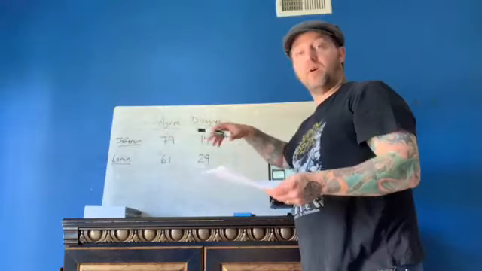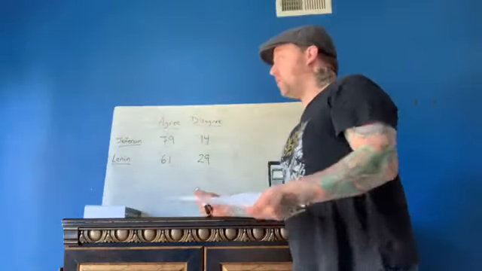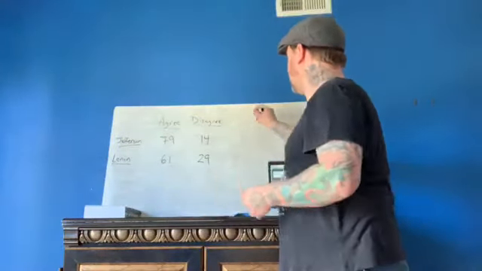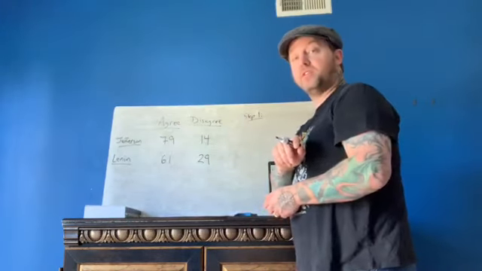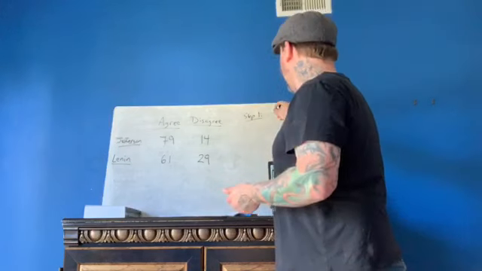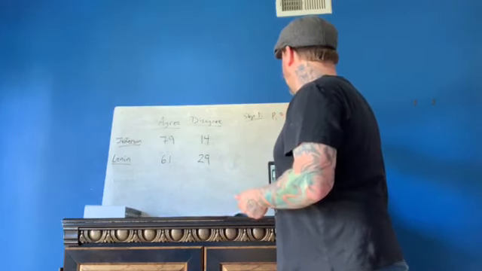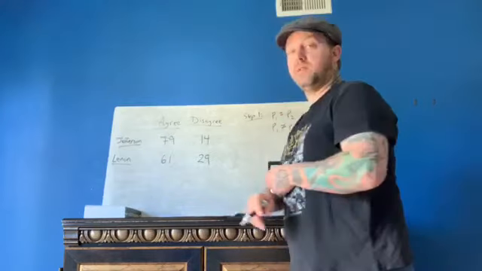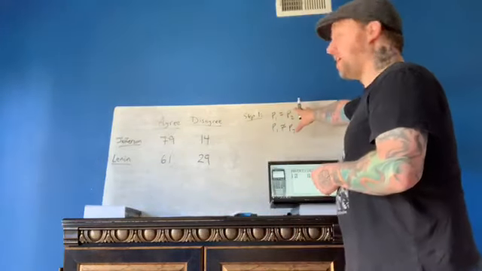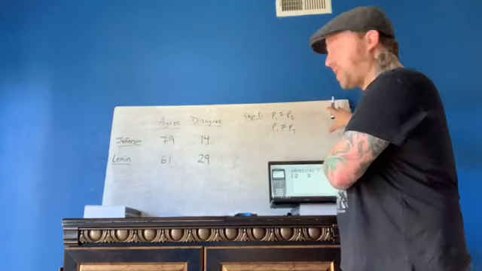So, step 1, what do we want to know? We want to know if the two populations are different. So step 1, right? And you should always say what they are.